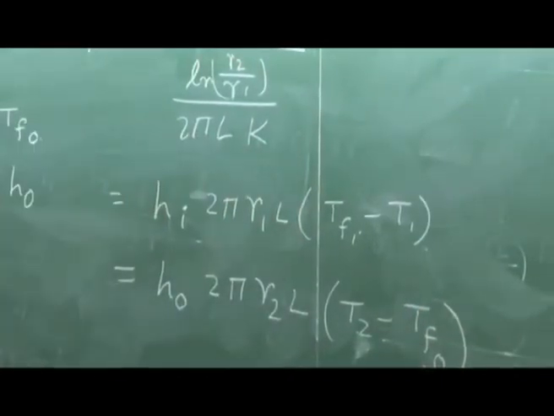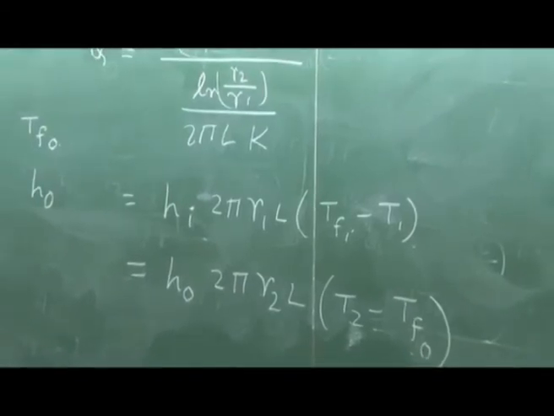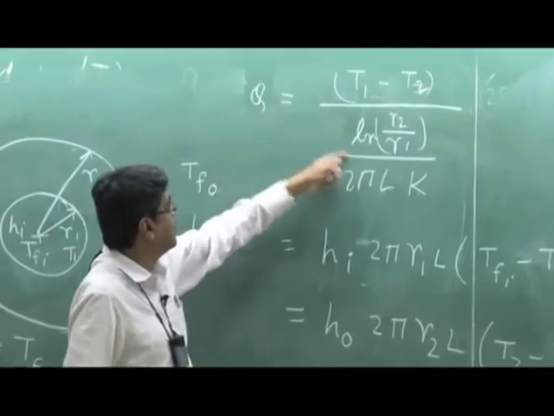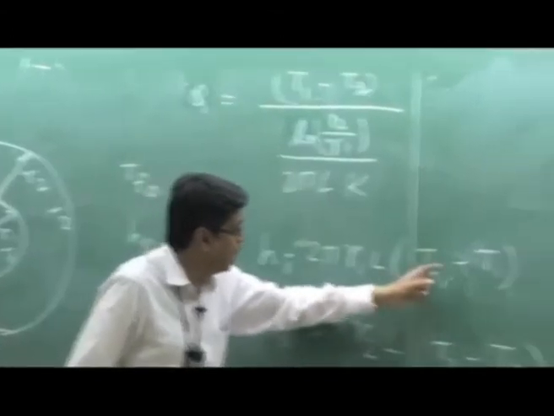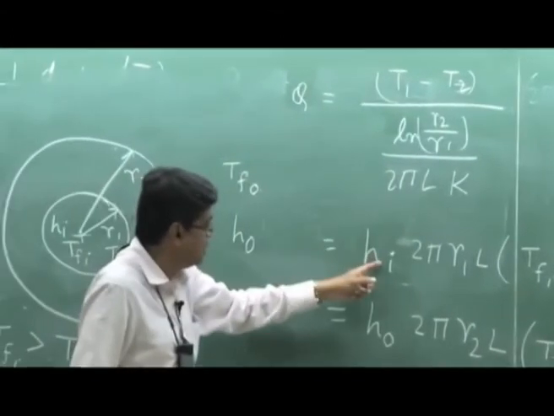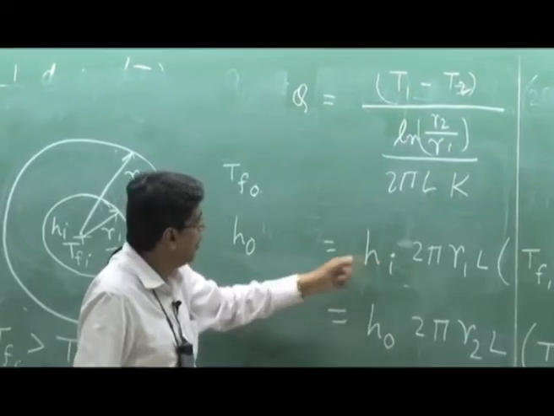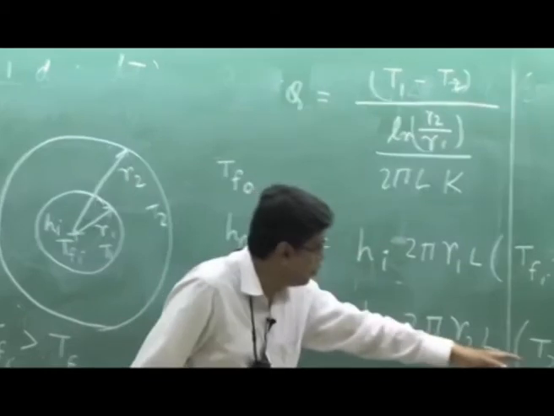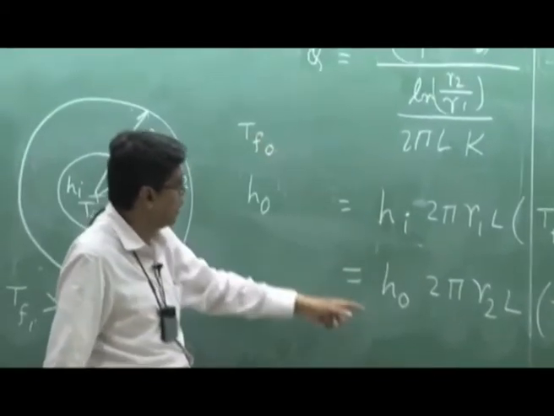So in a similar way as we did earlier, we can express TFI minus T1 as Q times this, then T1 minus T2 is Q times this, and T2 minus TFO is Q times this.